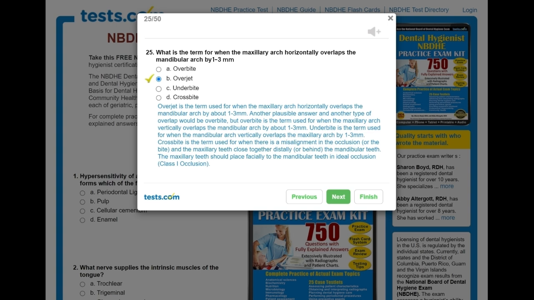Underbite is the term used for when the mandibular arch vertically overlaps the maxillary arch by 1 to 3 millimeters. Crossbite is the term used for when there is a misalignment in the occlusion, or the bite, and the maxillary teeth close together distally, or behind, the mandibular teeth. The maxillary teeth should place facially to the mandibular teeth in ideal occlusion, Class 1 occlusion.